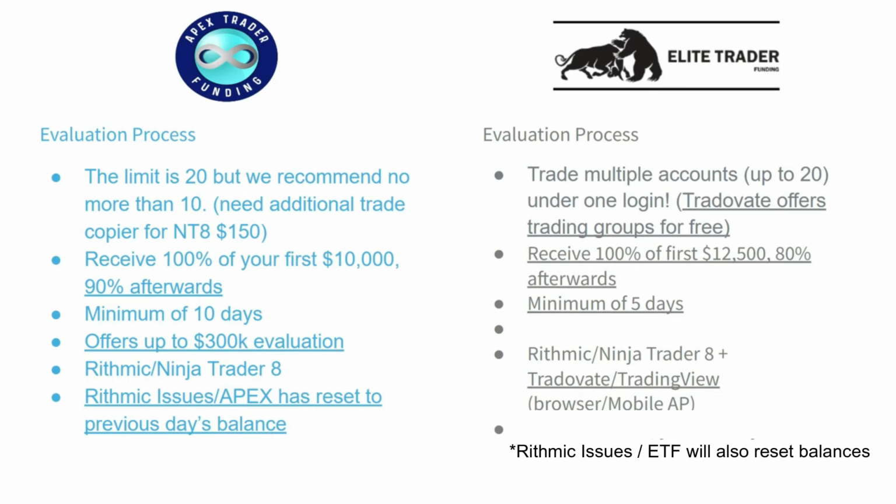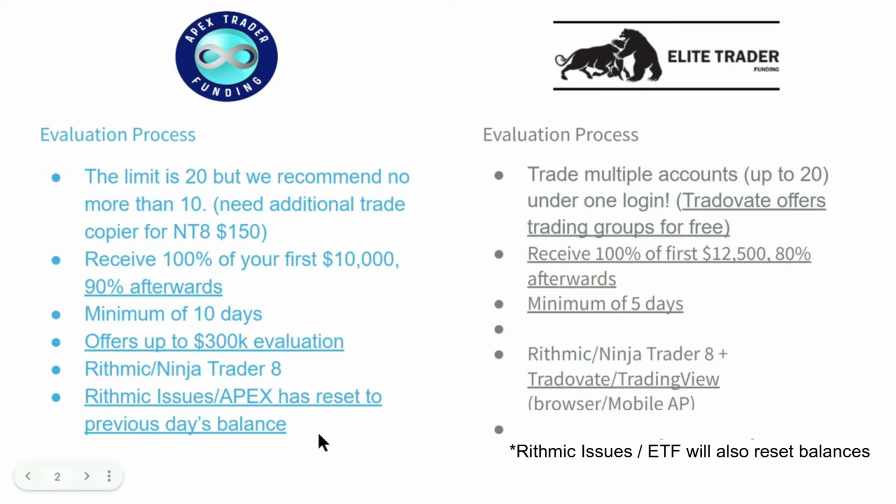If you've been using Rhythmic for the data, you've probably seen for yourself where there have been data outages, or you went to place an order or exit an order, close the trade, and it didn't work. For some reason, Rhythmic's been having a lot of issues with that.